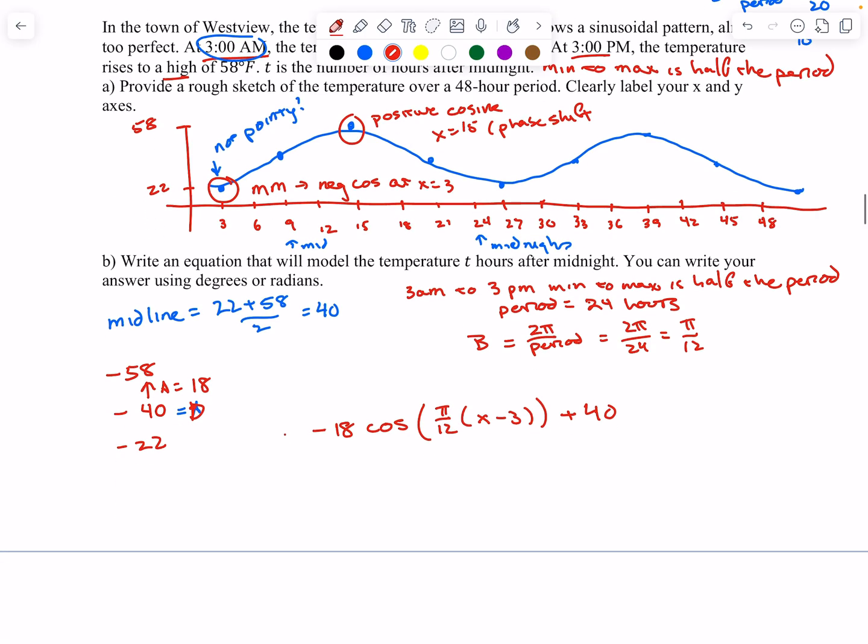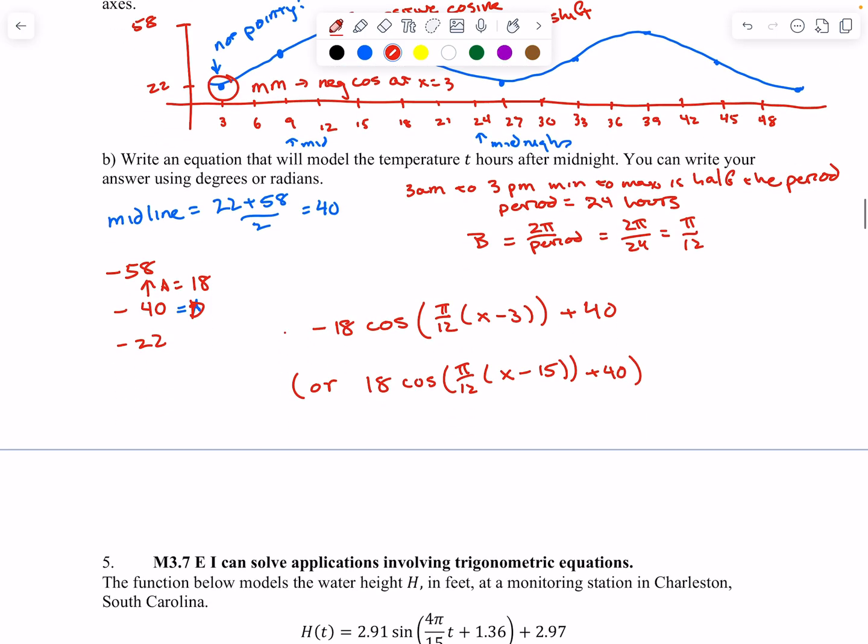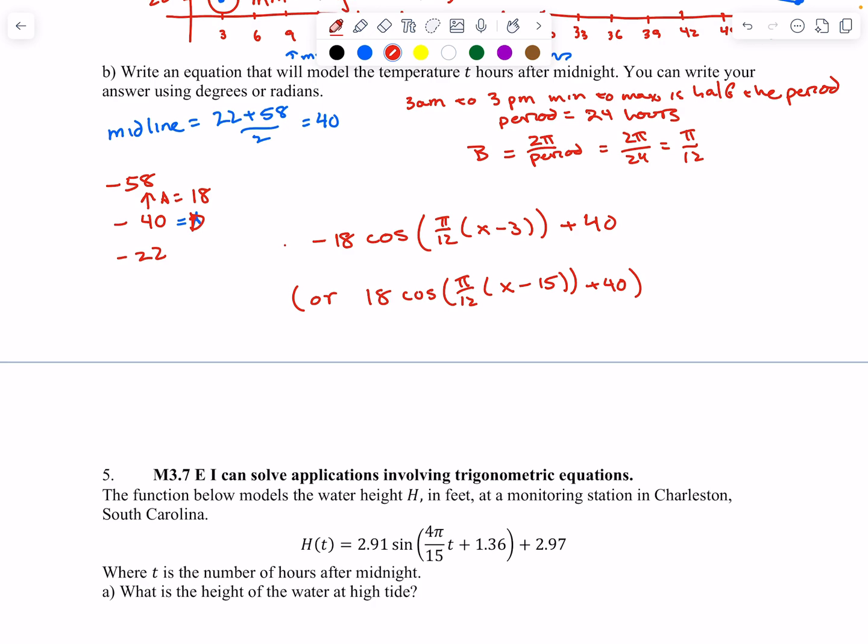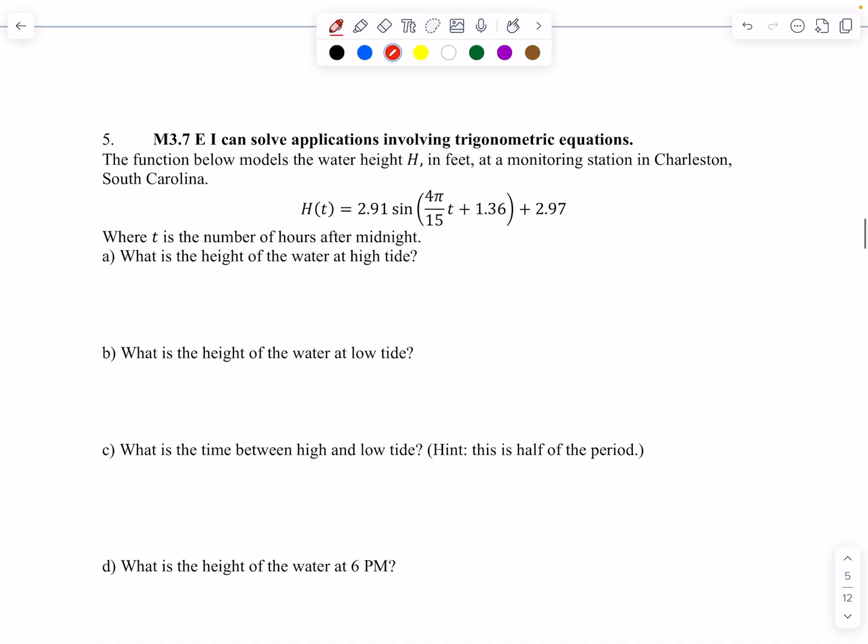Or I could do 3 p.m. is 15. Max is for positive cosine. Lovely. In degrees or radians, I would suggest just doing the entire first half of the test in radians so you don't have to convert back and forth because life is too short.